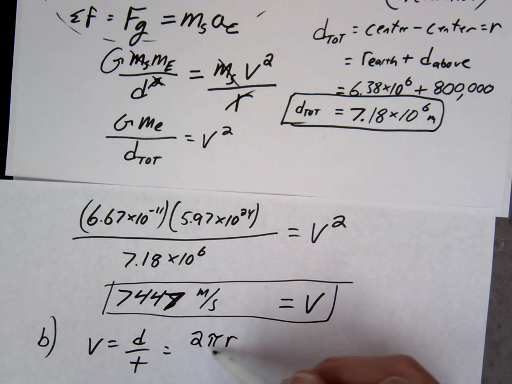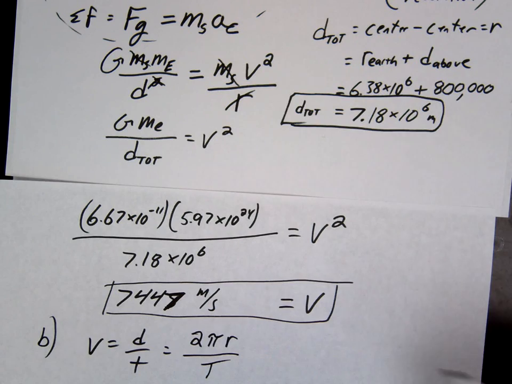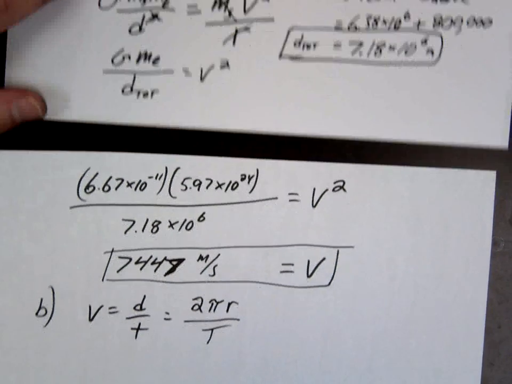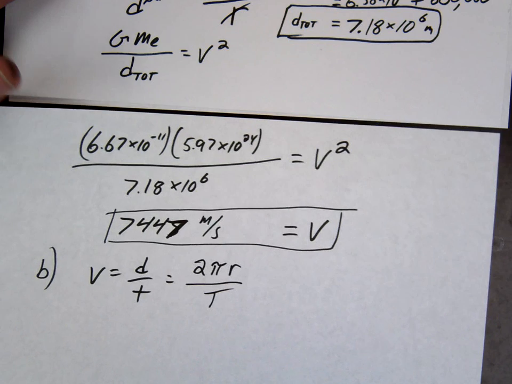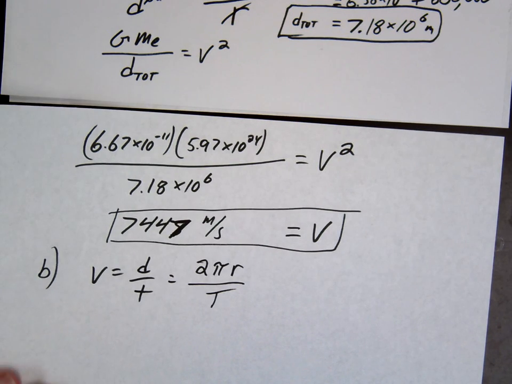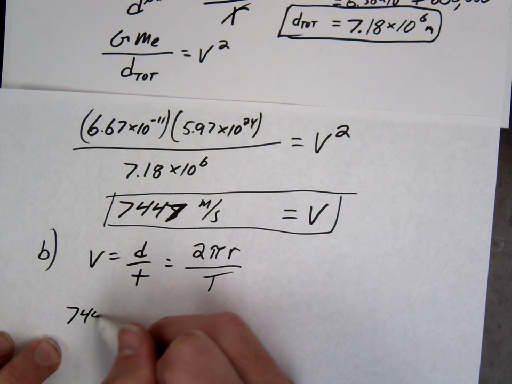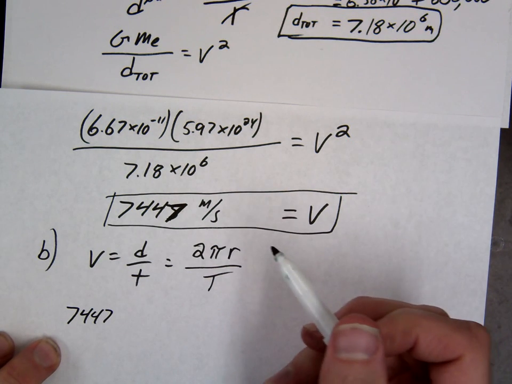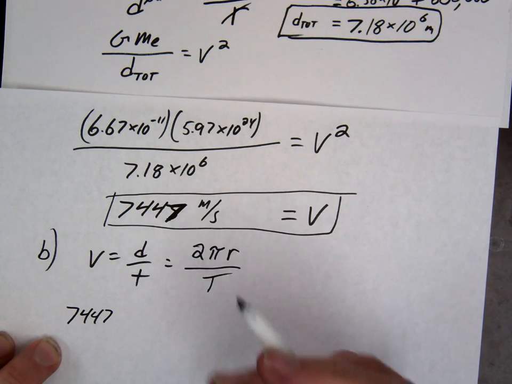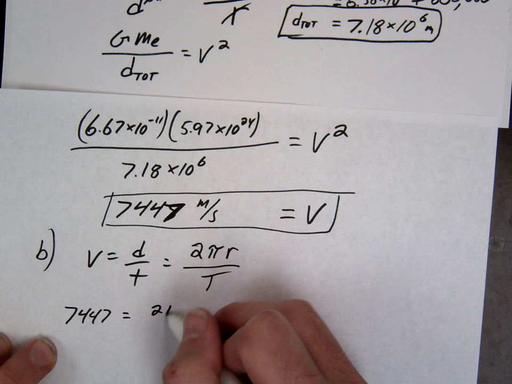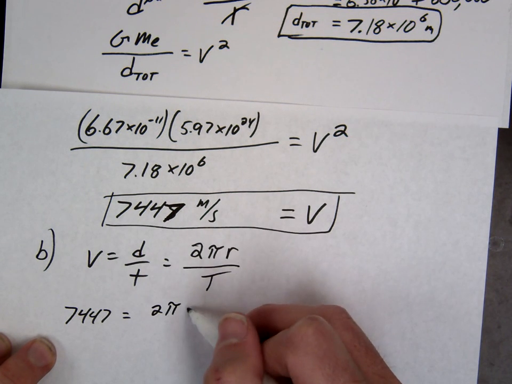Circumference. What are we going to use for a radius? Do we use the radius of the Earth? Do we use the distance above the Earth? Or do we use the total distance? Total distance. You're always going to use the total distance, center to center.